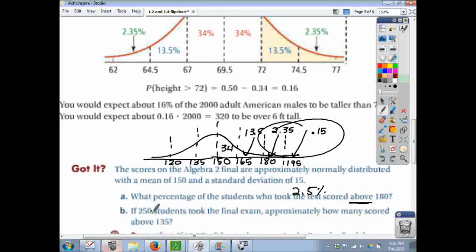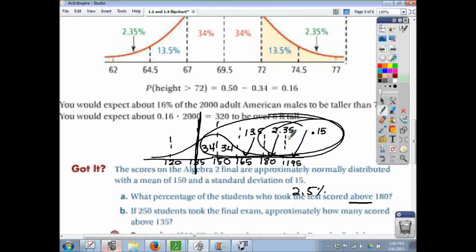Now, part B here, if 250 students took the final exam, approximately how many scored above 135? Well, here's 135 right here. So all of these percentages here would have to be added together. 34 plus 34 plus 13.5 plus 2.35 plus 0.15.